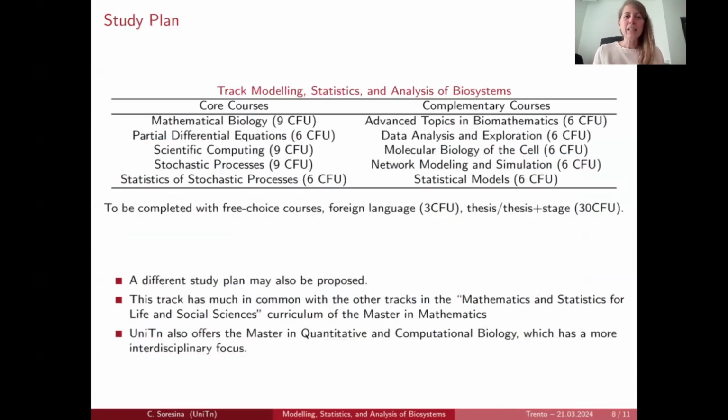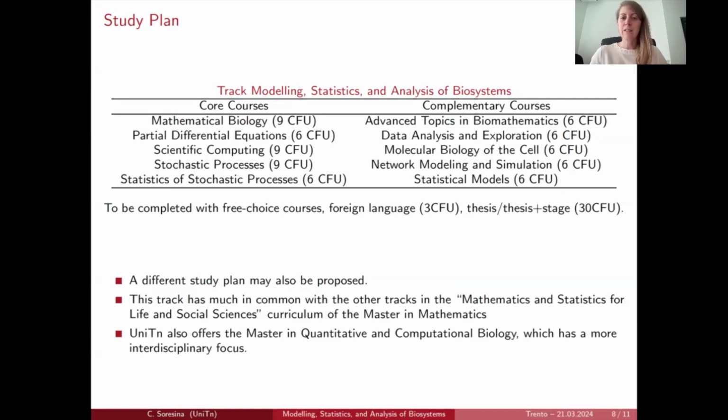So, more on the practical level. The track, Modeling, Statistics and Analysis of Biosystems, is composed of core courses and complementary courses, and they reflect the different aspects that I mentioned to you. So more on the theoretical part, with partial differential equations, for instance, more on mathematical biology courses, scientific computing, simulation, data analysis, stochastic processes, or statistics.